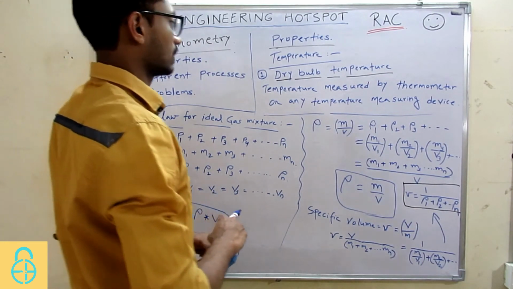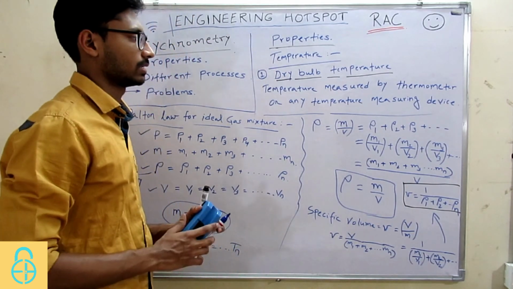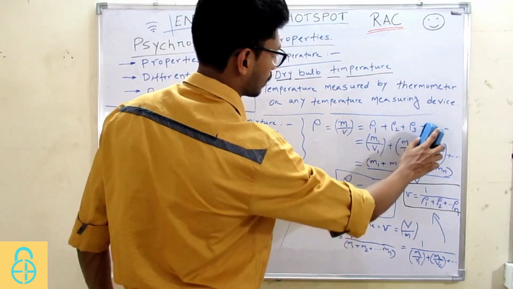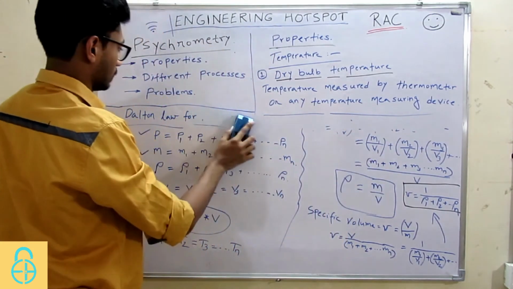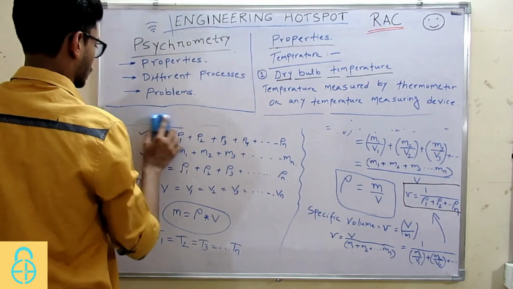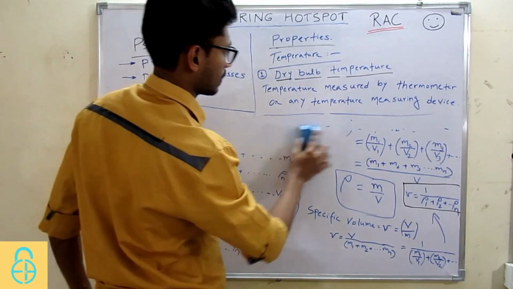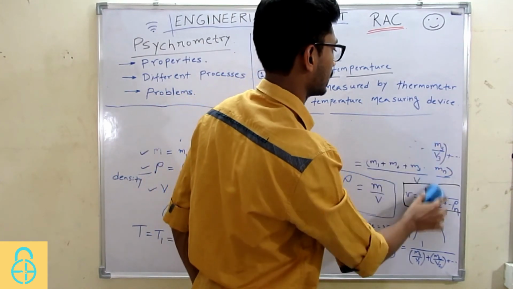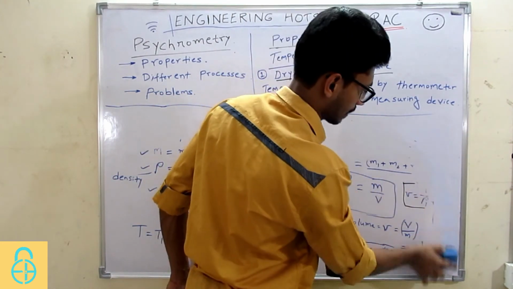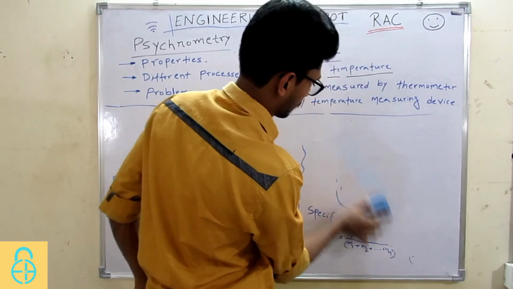Okay, so these are some of the properties that you need to keep in mind while going forward with this psychrometric process. Why do I need this? Because psychrometry deals with the mixture, okay, and that mixture is basically the mixture of dry air and water vapor. And water vapor, what?